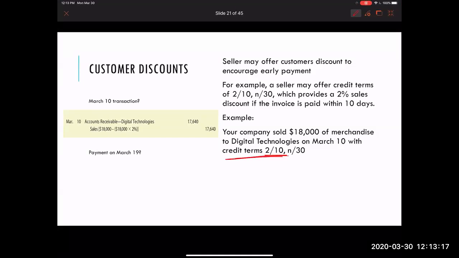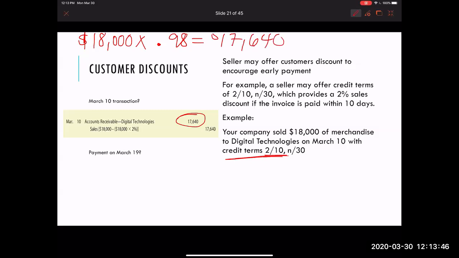So when you initially record this transaction, you will record it with the discount included. The way we went about doing it is we took the $18,000 in inventory that we sold, and then we offered them a 2% discount, which means they're responsible for 98% of the invoice, and that equals $17,640.